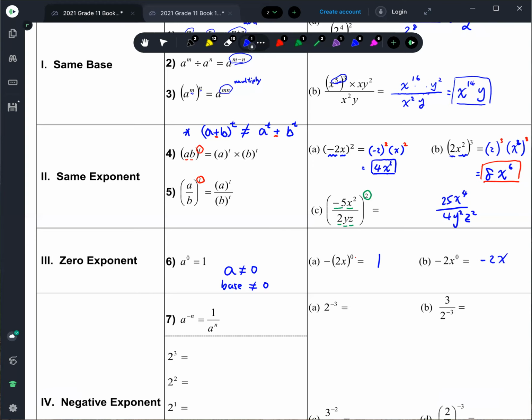For A, I got -1. Same for A, I also got -1. And Aaron, what about B? For B, I'm still a bit confused. I feel like it has to be -1, but... Okay, I'll say -1 for now. But it should be different, the two. Oh, different. Okay.